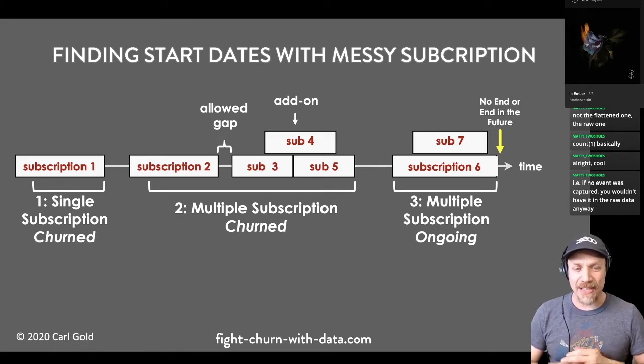It's not just one subscription per customer. That would be really simple. If you just had one subscription per customer, it would be really easy to find the subscription start date because you just look at that subscription and look at the start date. But if you use a complicated subscription system, it might look more like this.